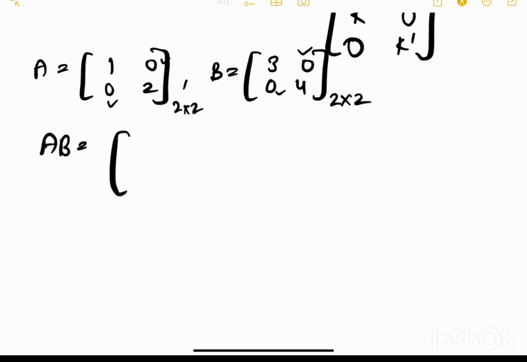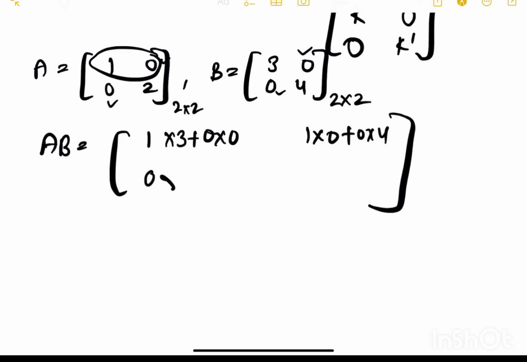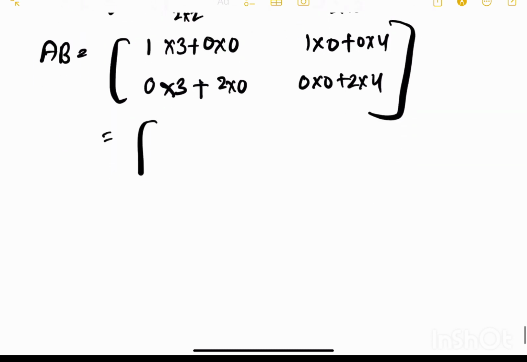If both of them are of the same order, then AB will be defined. So I will just focus on my first column, then my second column. This is my first column, and this is my second column. What is the value? This is 3, this is 0, this is 0, and this is 8.